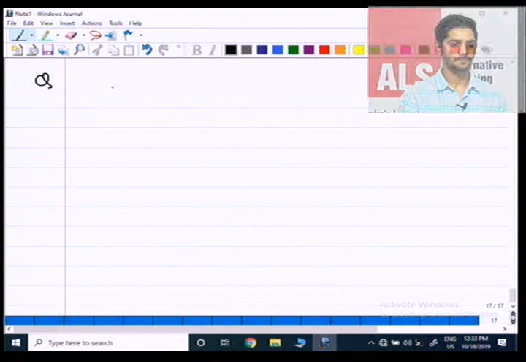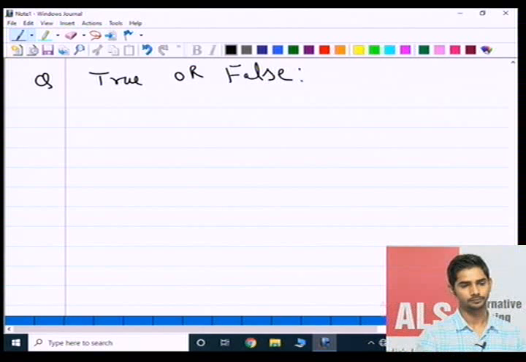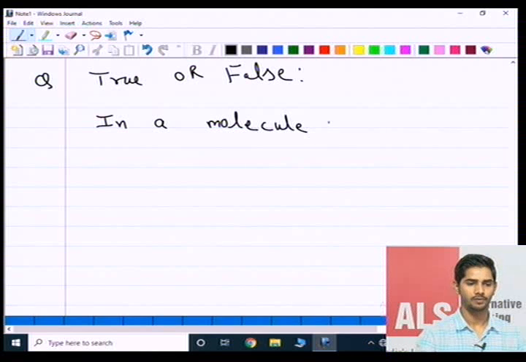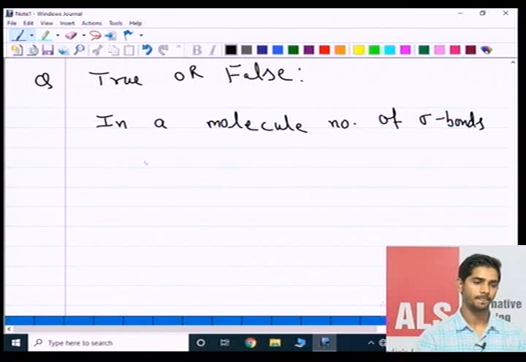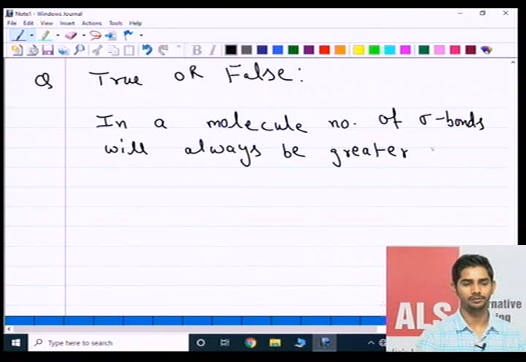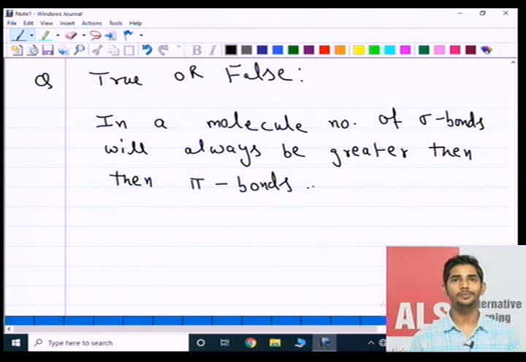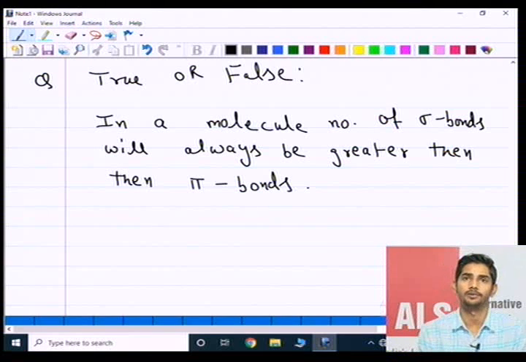Question is, true or false: in a molecule, number of sigma bonds will always be greater than the pi bonds. This is the statement, guys. You have to tell me whether it will be true or false. In a molecule, number of sigma bonds will always be greater than the pi bonds.